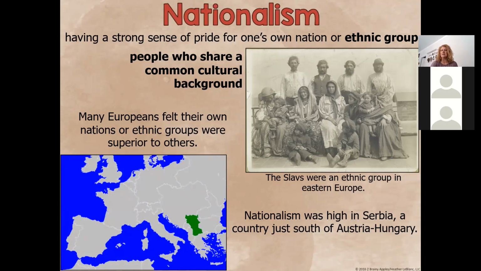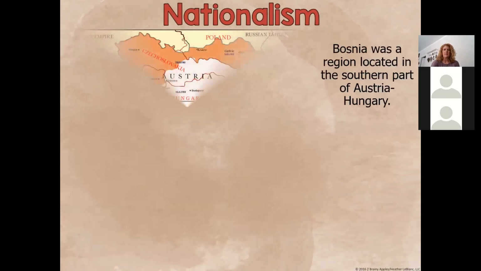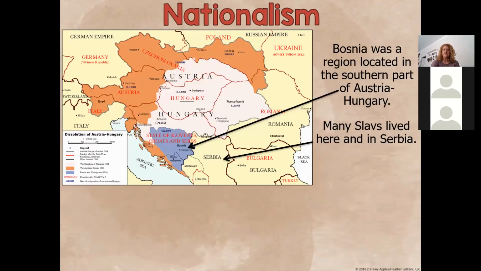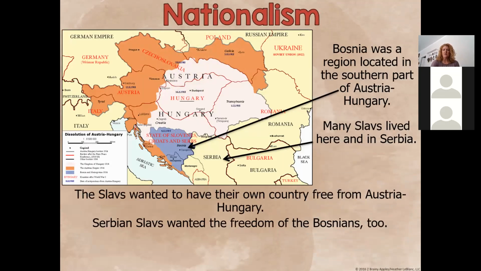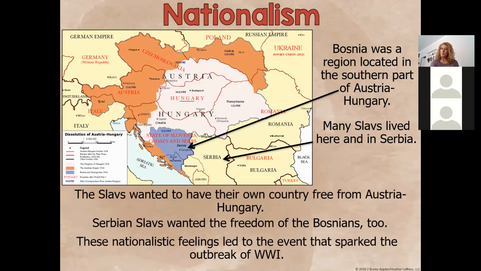So nationalism is really high in Serbia. That's highlighted there in green. It's just south of that huge Austria-Hungary Empire. When I mentioned borders not respecting ethnicities, people wanted their ethnicity to have its own country.